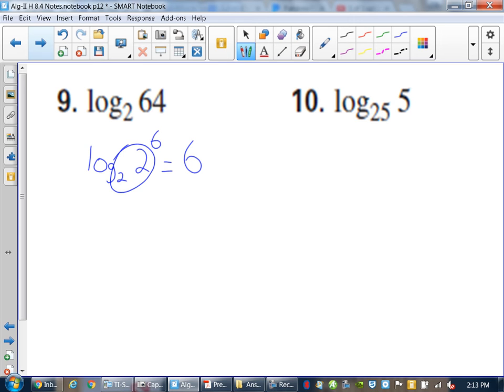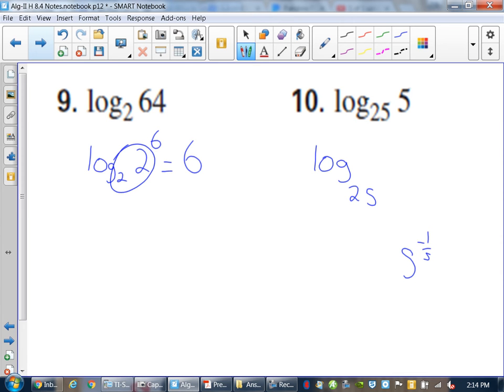Nice. How do I rewrite 5 as a base 25? Or no, 1 over 5. What is it? If I did 5 to the negative 1/5, that means it's 1 over 5 to the 5th power.